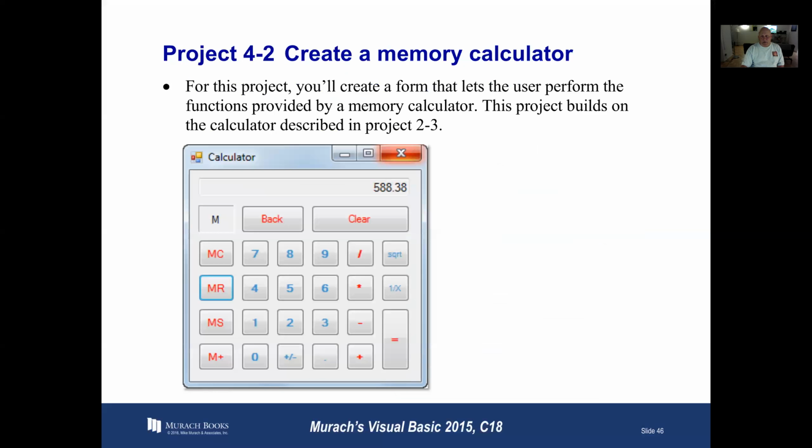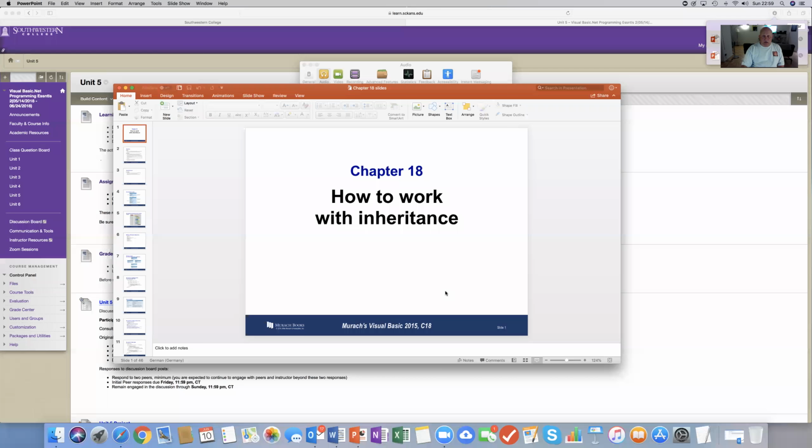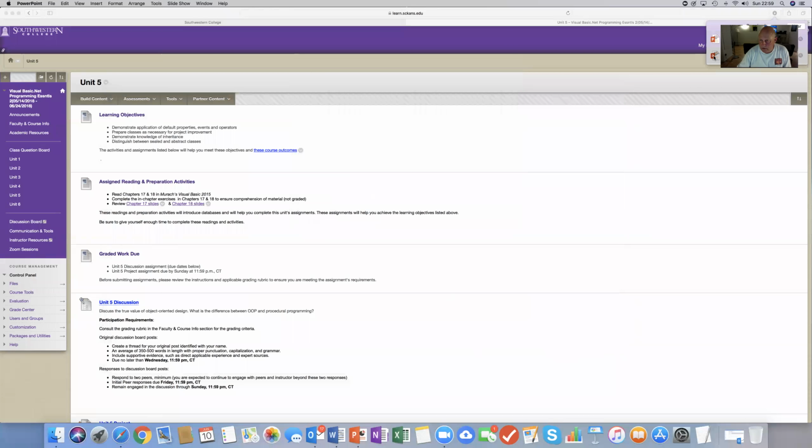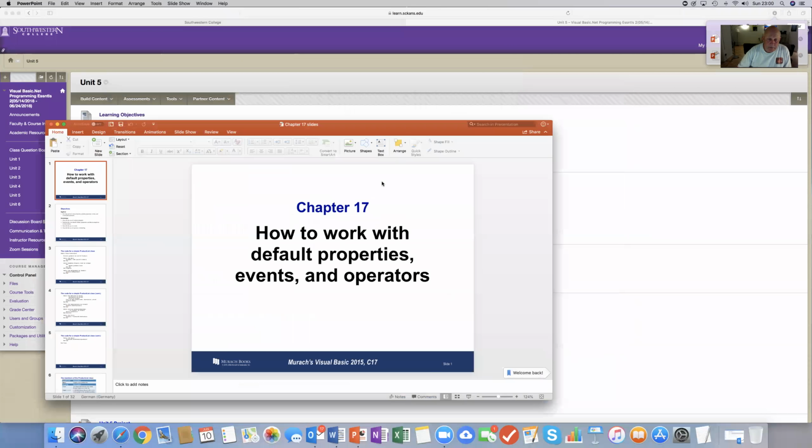This is how you create a memory calculator. So basically this week we're looking mostly at how to work with inheritance and the different types of classes. We're also working with default properties, events, and operators.